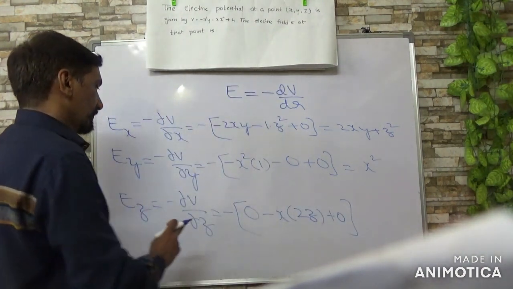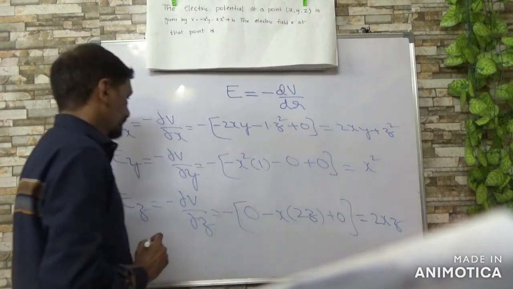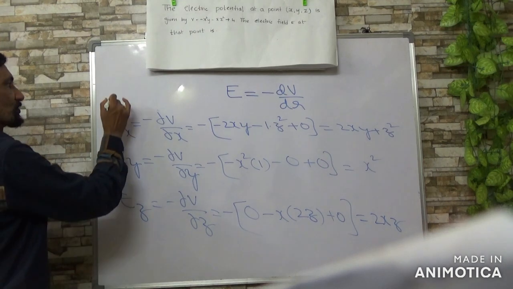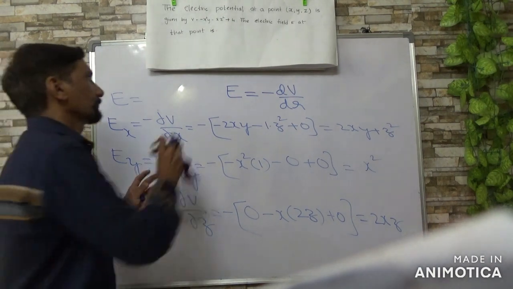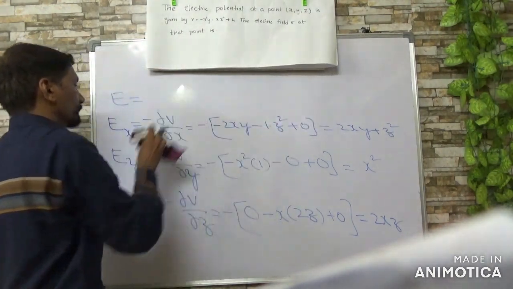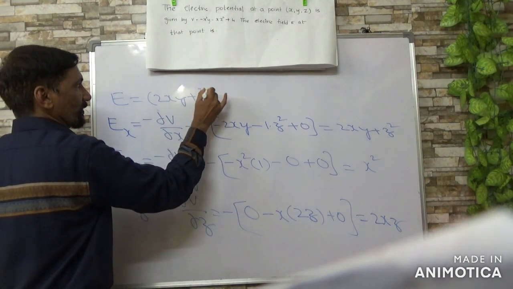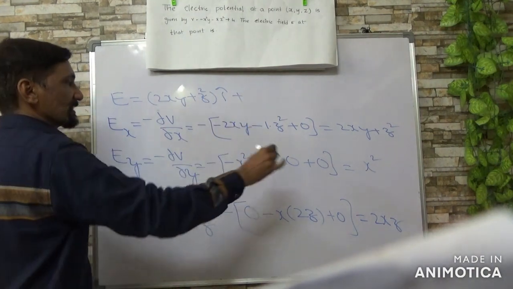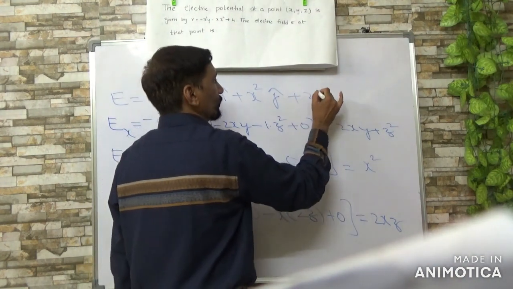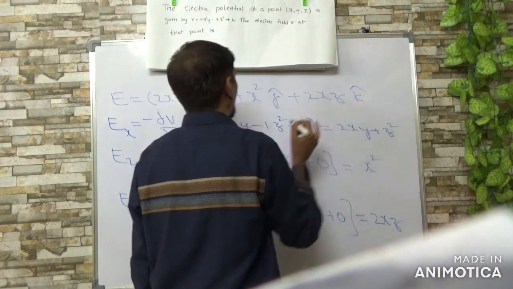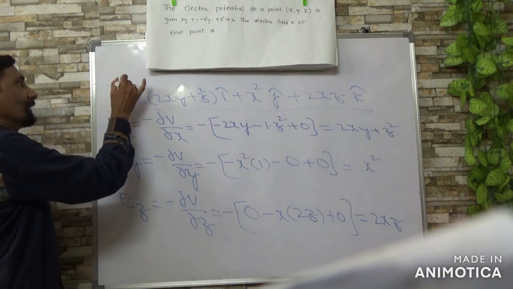So you get minus of minus, plus 2xz. Therefore the electric field strength E becomes Ex, that is 2xy plus z square, into i, plus the second one x square into j, and the last one 2xz into k. So this is the strength of the electric field.